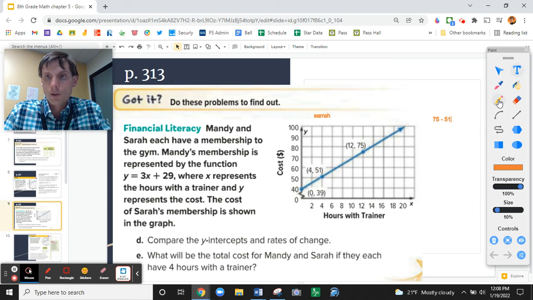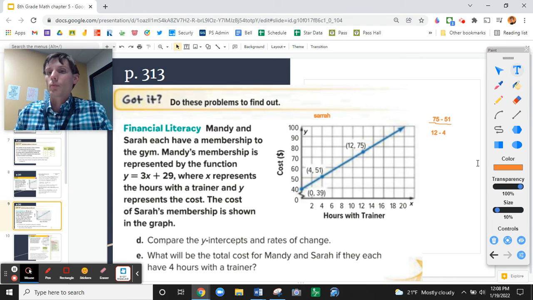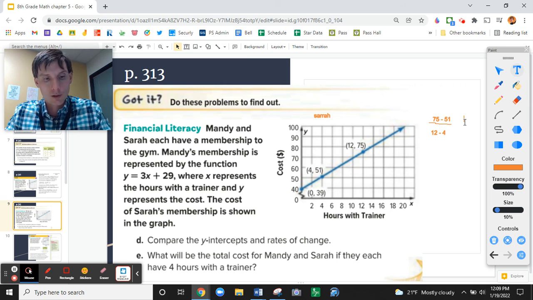So I'll put that over our change in x, 12 minus 4. 24 over 8, right? Okay, is our rate of change.